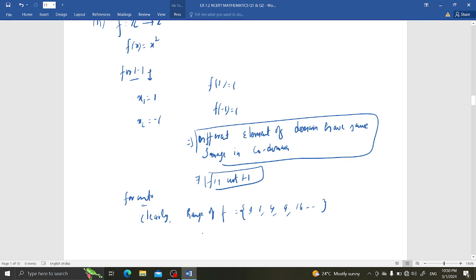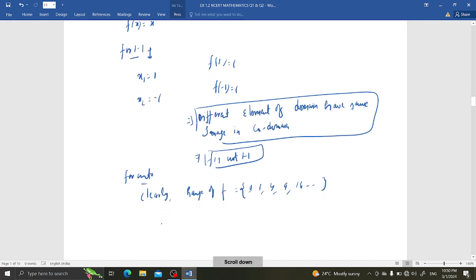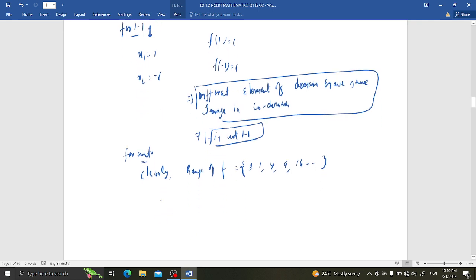These elements are there, so it implies that if only these elements are there, the range of f is not equal to the codomain, that is Z, hence f is not onto.